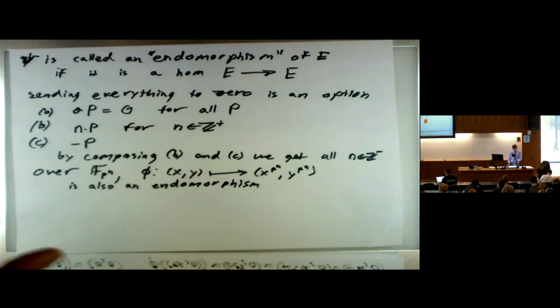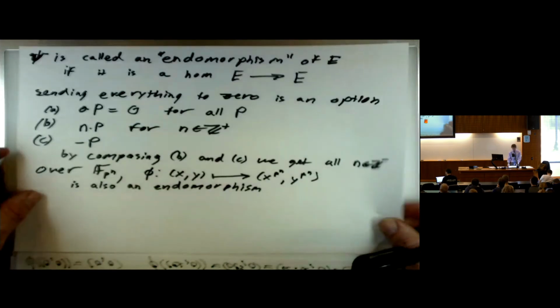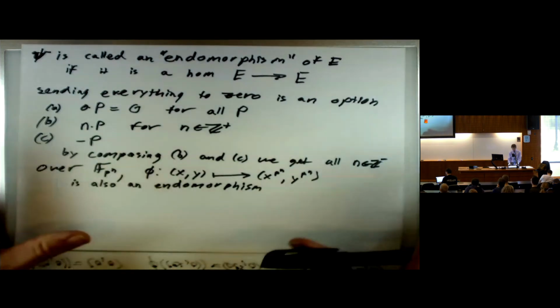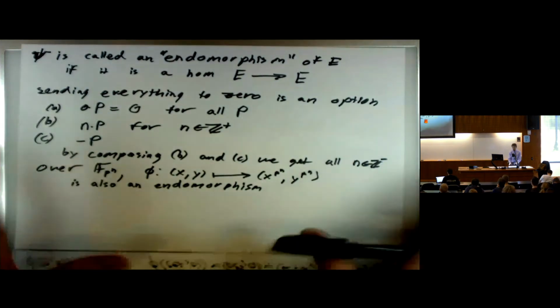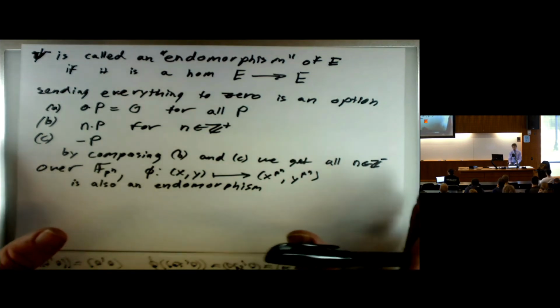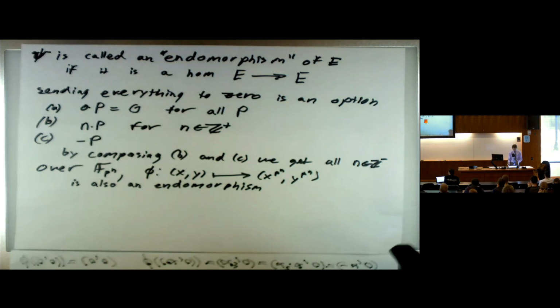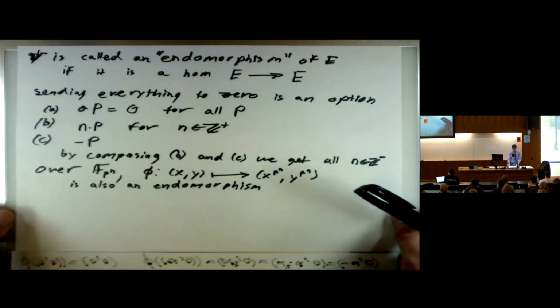That's a very important point. So let me do the general theorem. But basically, I hope you're getting the idea of what's going on here. You can consider maps from the elliptic curve to itself, and these maps often provide useful information about the curve, and they're also useful tricks in cryptography in terms of speedups with, say, the Frobenius endomorphism.